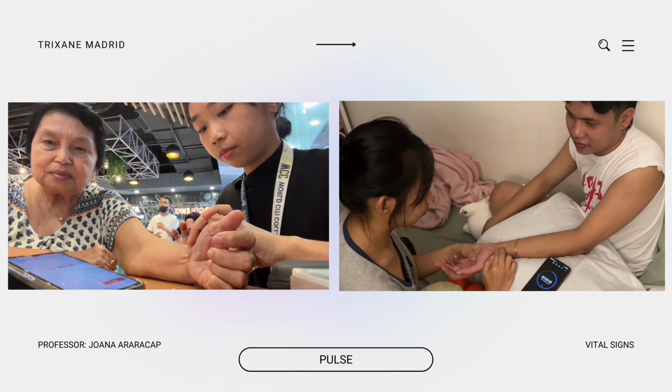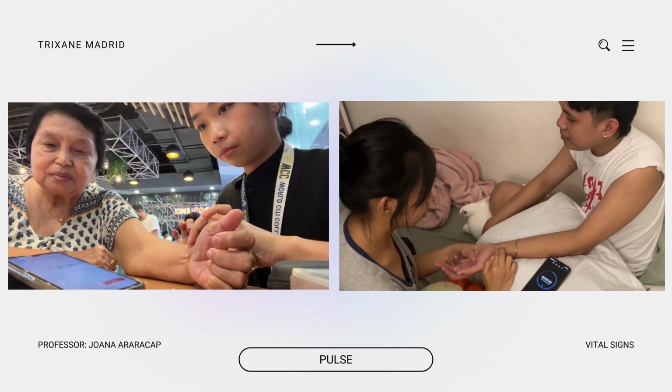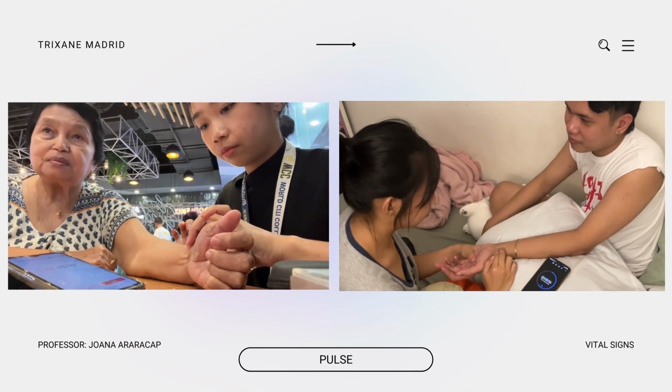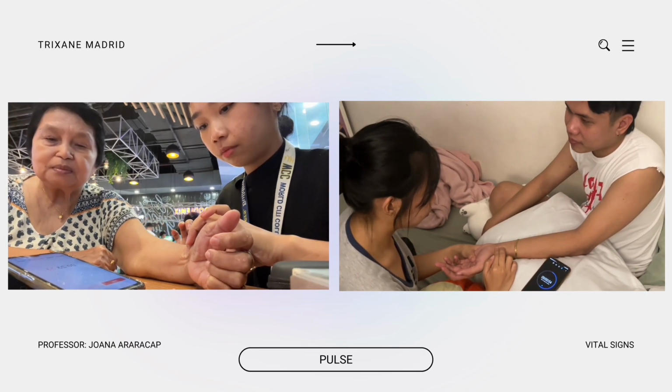There are different pulses in the body where we can get the BPM, or beats per minute, of our patients. Radial pulse is my preferred choice for locating the pulse of my patient. We can find the radial pulse in the wrist, in the radial artery, on the side of our thumb.